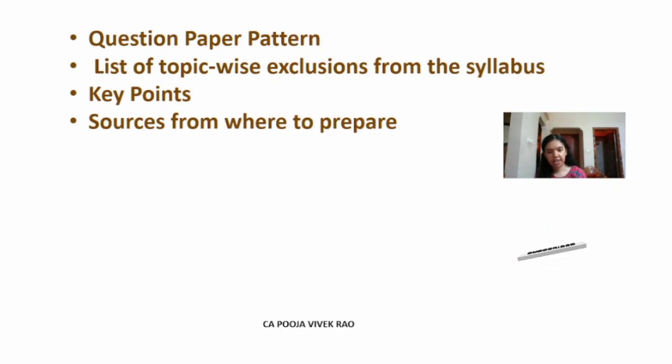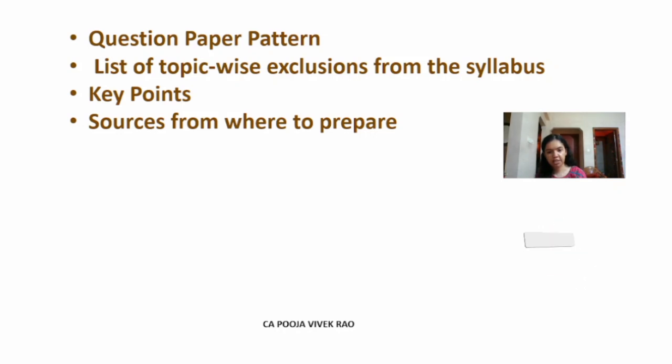It was suggested that along with the revision test paper for your attempt, for FR it is recommended to go through the revision test papers of the previous 3 attempts as well. So if you are appearing for the September 2025 attempt, you will have to go through the RTP of September 2025 plus May 25, November 24 and May 24 RTP as well.